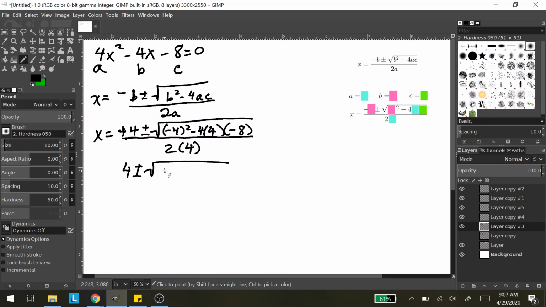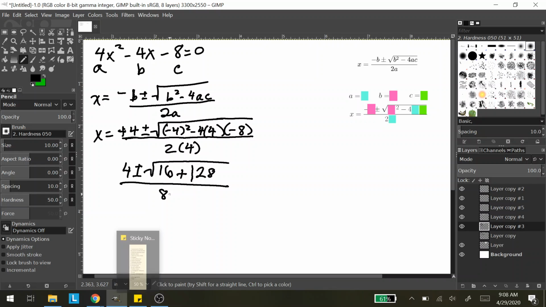Negative 4 squared is positive 16. This is 4 times 8. Negative times a negative is a positive. 4 times 4 is 16. 16 times 8, don't know off the top of my head, so we're going to just look it up. 16 times 8 is 128. 2 times 4, 8.